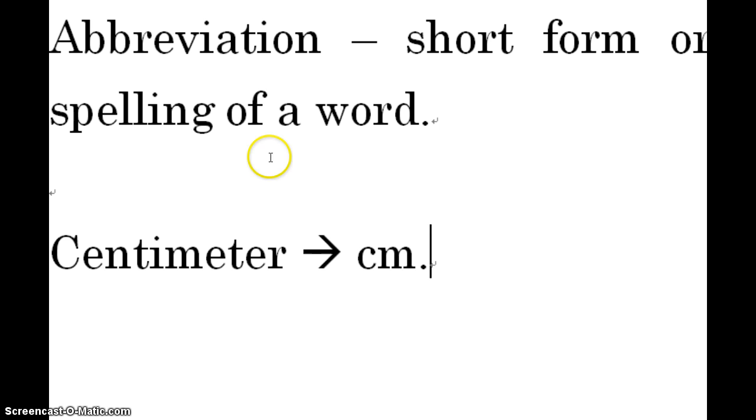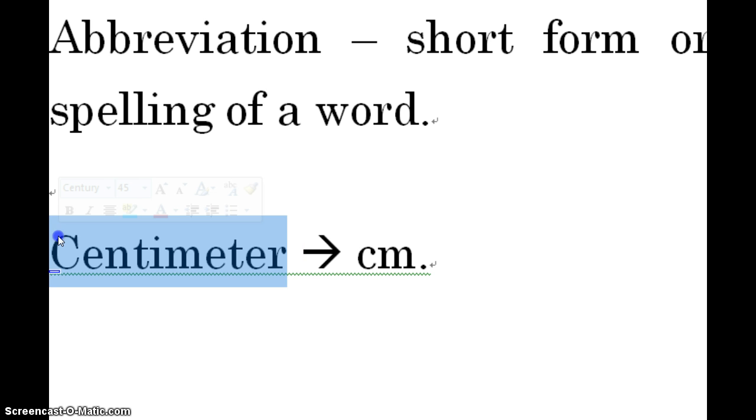And this is an abbreviation for the word centimeter. So what do you think is the abbreviation for ounce, which is the name of the unit used for expressing weight in some countries, like the United States of America, because they don't really use grams and kilograms.